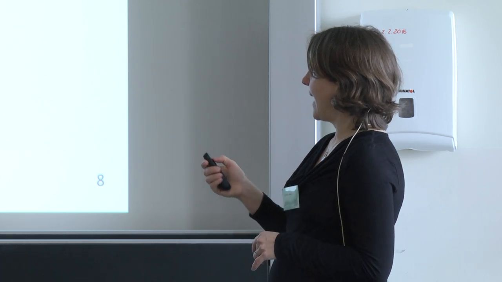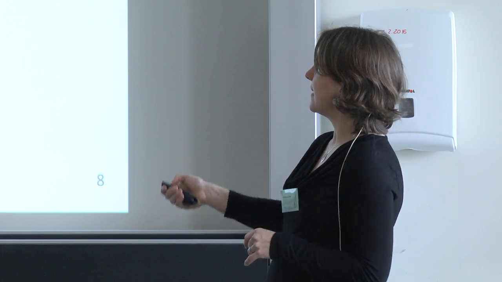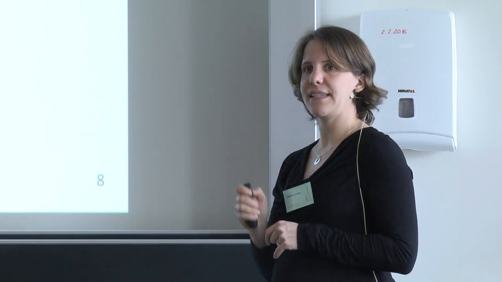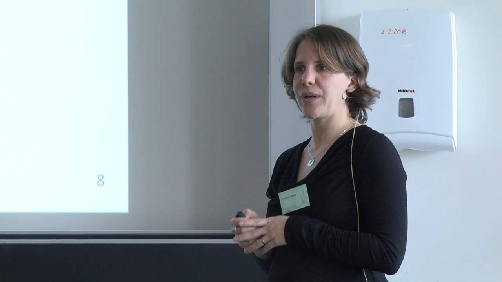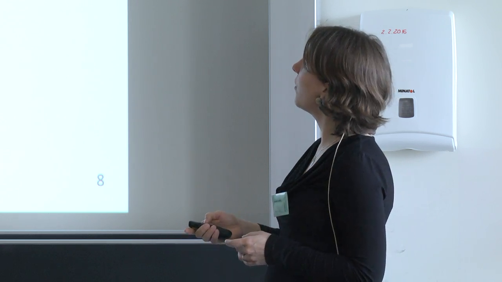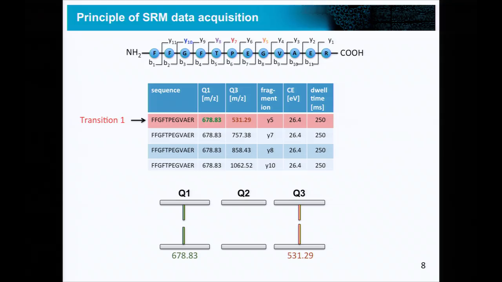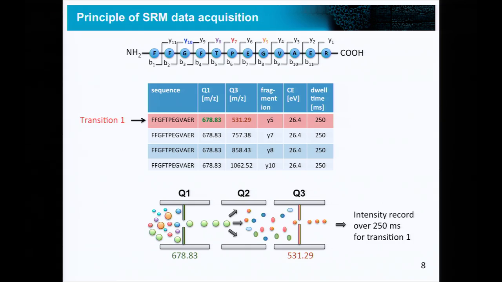Okay, so what happens once you have generated this table and copy-pasted it into your triple quad? You press the start button, and the instrument will go to the first line that you provide. It will set Q1 and Q3 according to the two values that you defined, and then it will accumulate the intensity of this specific fragment for 250 milliseconds, and record an intensity value.